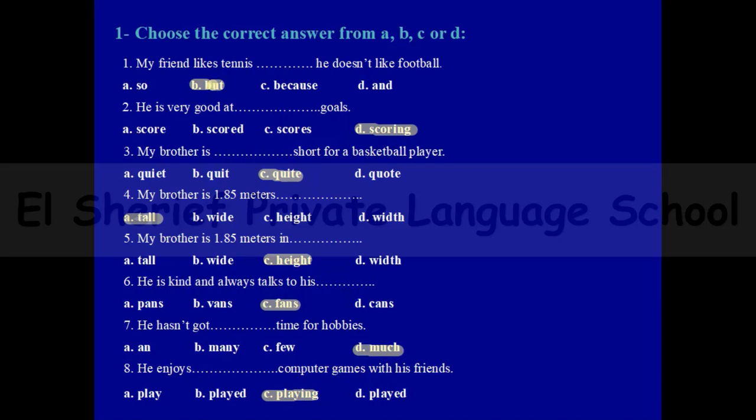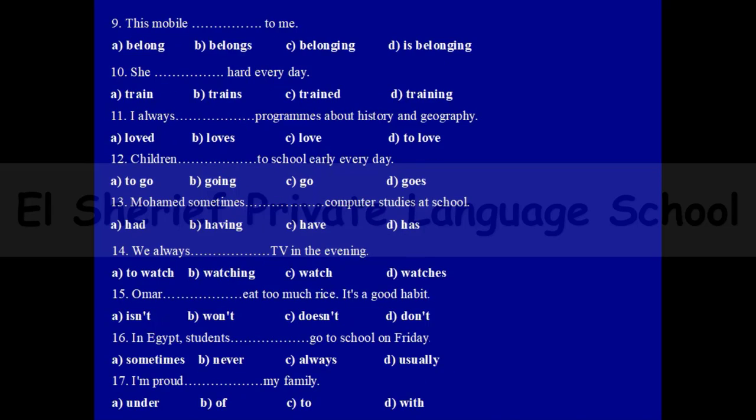So we are ready to go with number 9, and we can say that this mobile space to me: belongs, belonging, or is belonging. So we can say that the verb belong is one of the stative verbs. So we can say that this mobile belongs to me. Yes, great. Number 10, she space hard every day.